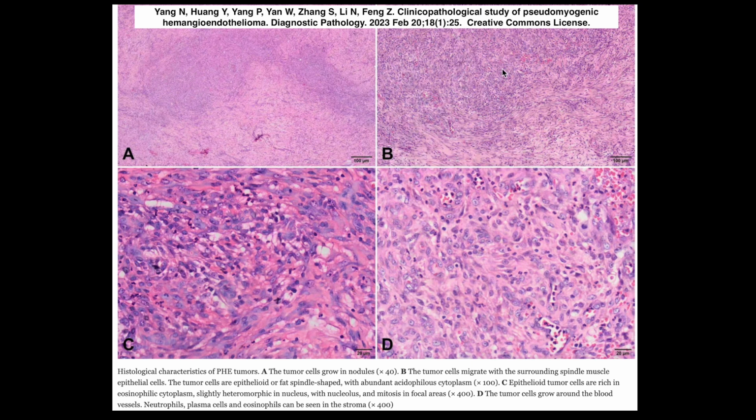You can appreciate the spindled nature of these cells. You can appreciate how the epithelioid tumor cells are rich in eosinophilic cytoplasm. And you can appreciate some of the nucleoli and how there are neutrophils, plasma cells, and eosinophils in the stroma.